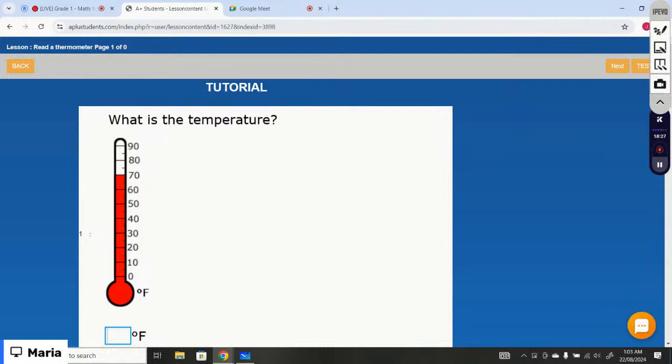What is the temperature? You are given a thermometer, and now you have to learn how we read the thermometer, right? So just look at the thermometer.